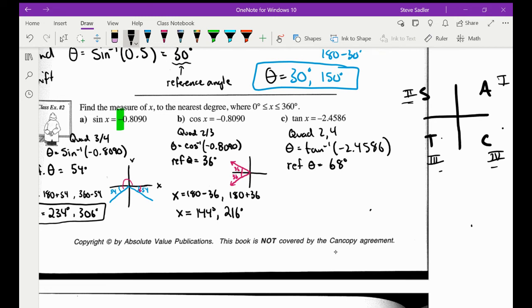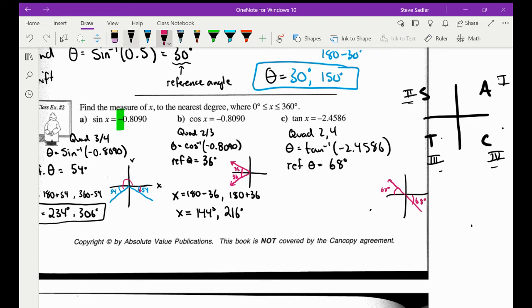I like to do a little sketch just so I know what's going on. I'm a visual person and I like that. So we are 68 degrees from the nearest x-axis in quadrant 2, which will be something like that, just a rough sketch. And then 68 from the nearest x in quadrant 4 will be something like that.